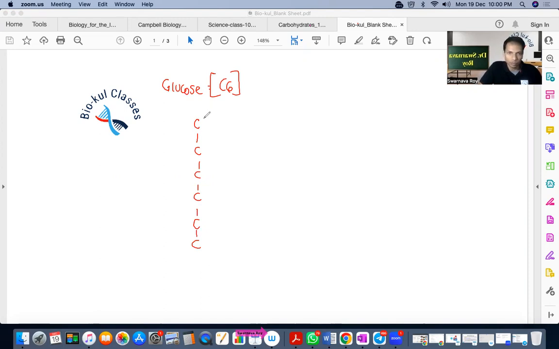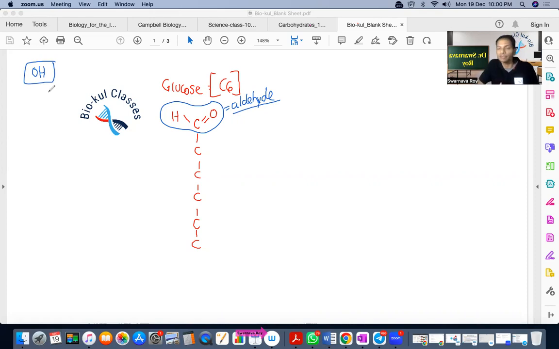The first carbon has an aldehyde group. The aldehyde group is a type of functional group, just like the hydroxyl or alcohol group is a functional group. We have various kinds of functional groups. The phosphate group is a functional group.